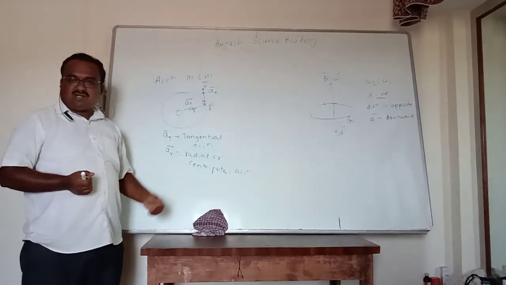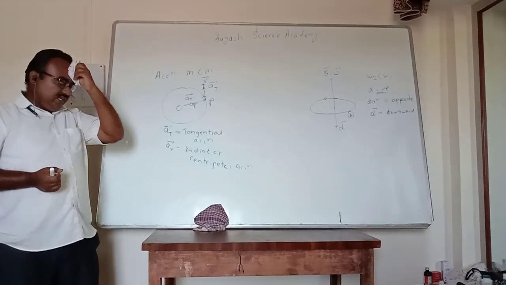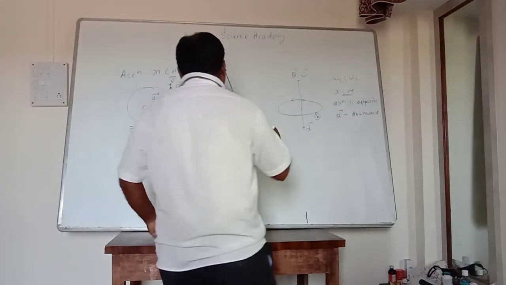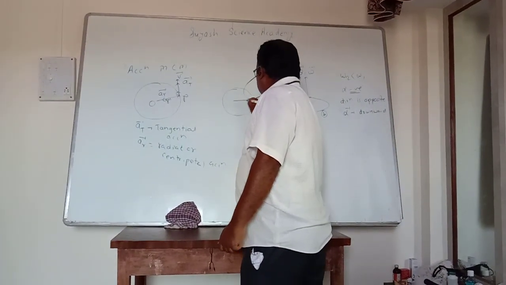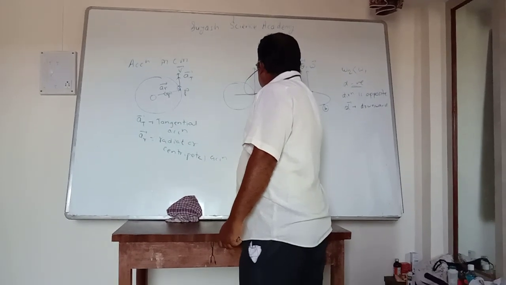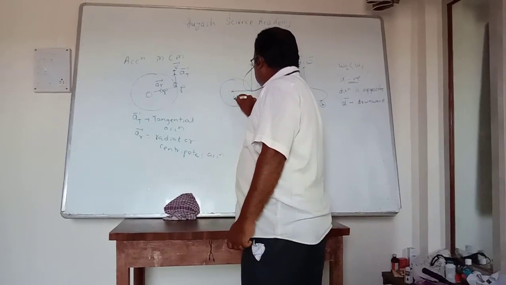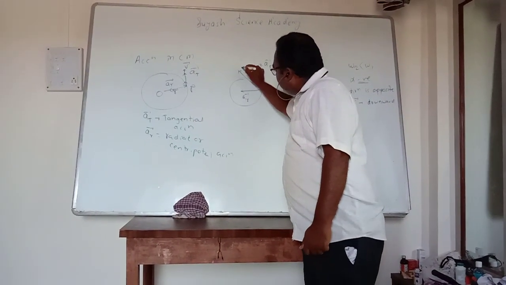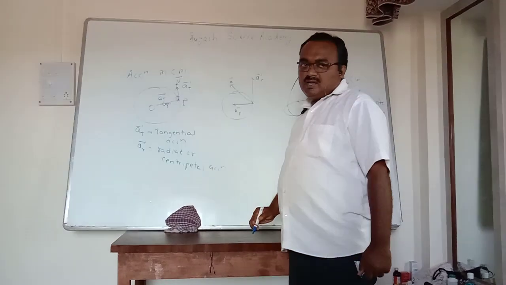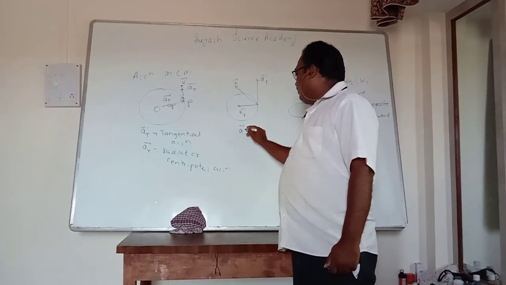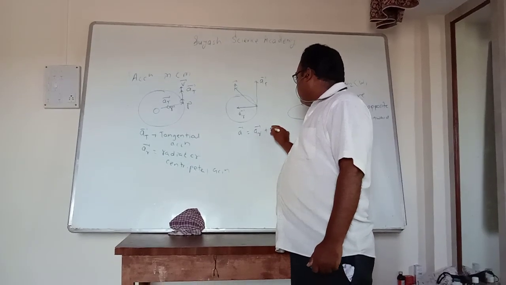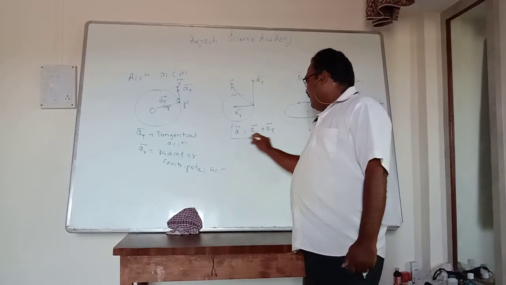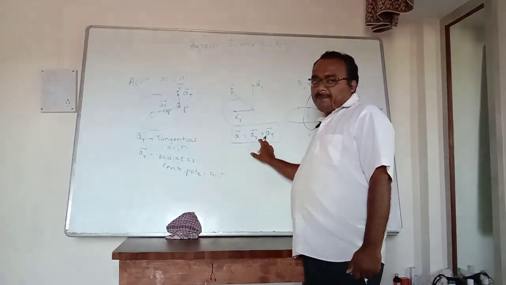From these two accelerations we can find the net acceleration, given by the parallelogram law. You can write A bar equals AR bar plus AT bar. This is the net acceleration in vector form.